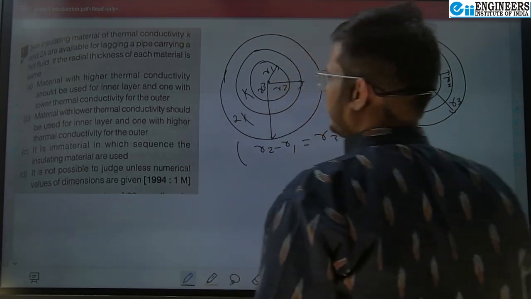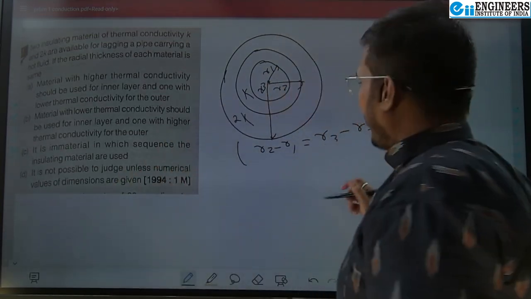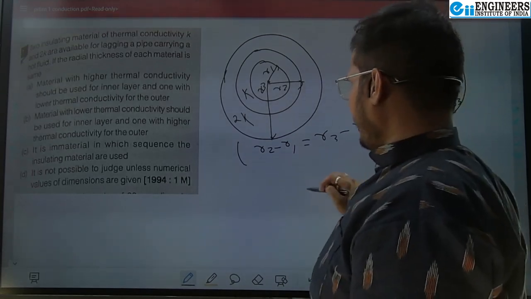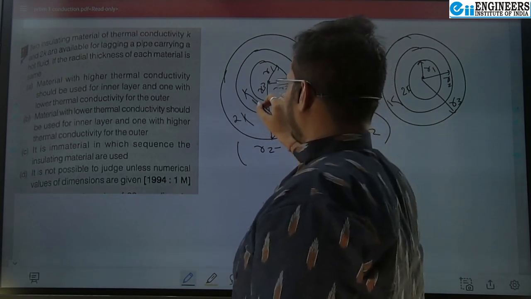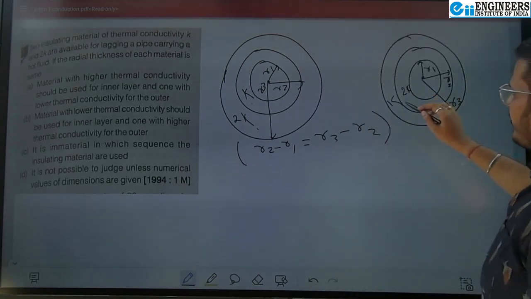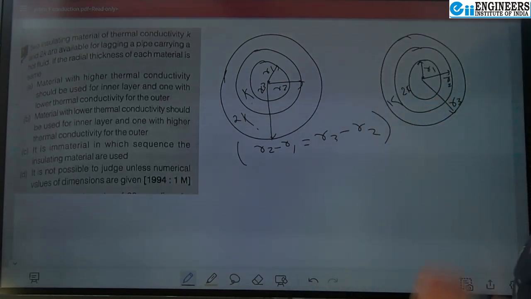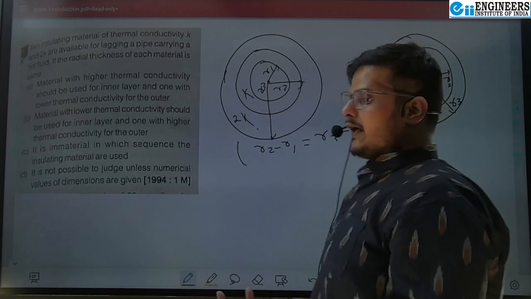As this condition is given, it is asking which thermal conductivity to be kept in the inside material and outside. In the first case, I have kept the lower thermal conductivity inside and then the higher thermal conductivity. In the second case, I have kept the higher thermal conductivity inside and lower thermal conductivity outside. So which one is the correct arrangement?